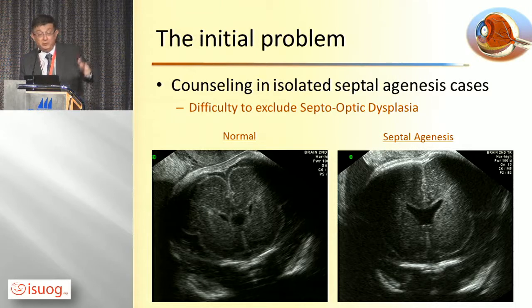There are cases where you see that the septum pellucidum is not present, and the question always is: is this isolated, or is it part of septo-optic dysplasia? If you read the previous book of Barkovich on pediatric neuroradiology, he wrote there that there is not such a thing as isolated septal agenesis.